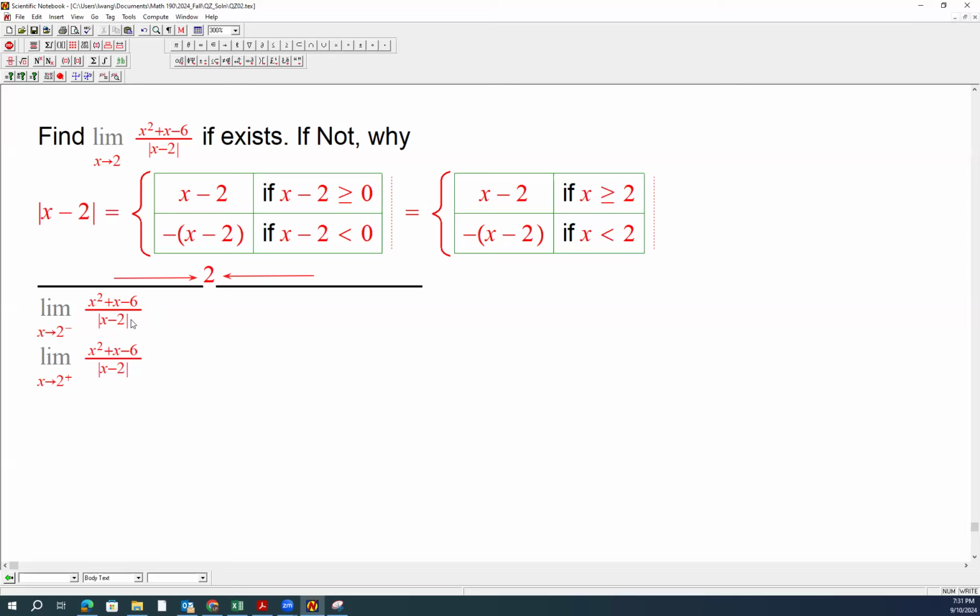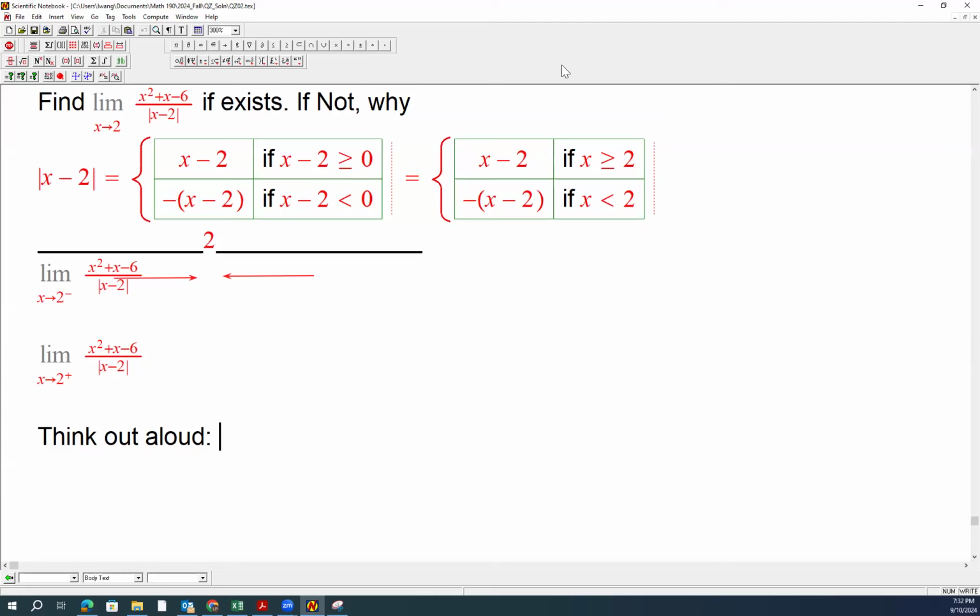On the first one, when x is approaching 2 from the left, you can jot it down like on your scratch paper. Okay, I use the think out aloud. On this piece here, when x is approaching 2, but x is smaller than 2, if x is smaller than 2, x minus 2 is less than 0.